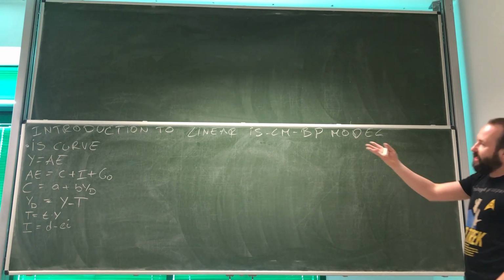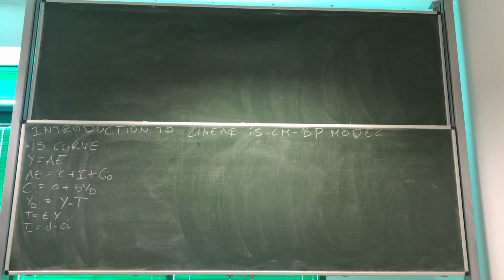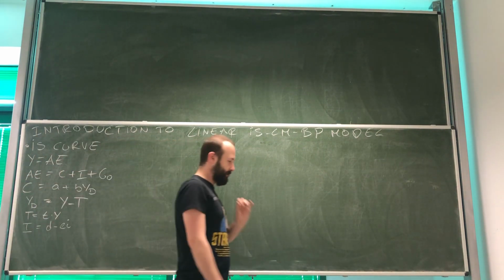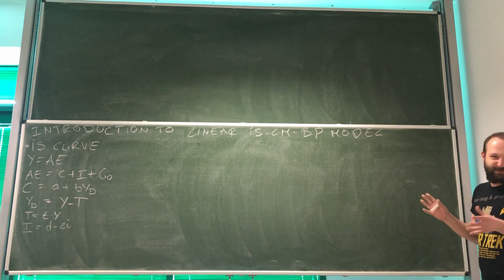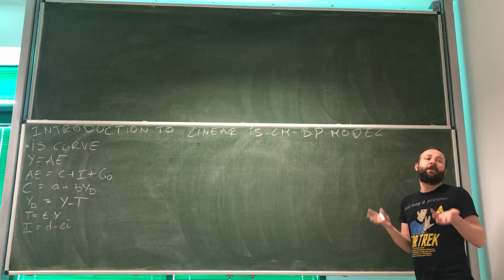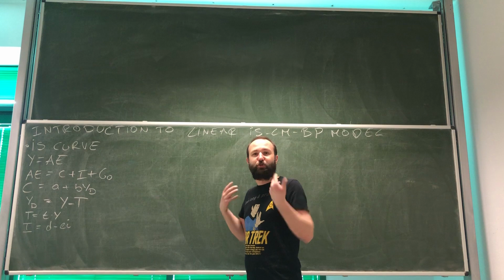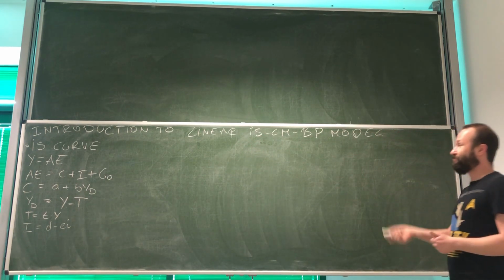As we remember, the IS curve represents all the combinations of interest rate and income for which there is an equilibrium in the market for goods and services. So IS is basically associated with production, with what we produce, the goods that are being produced in the economy.